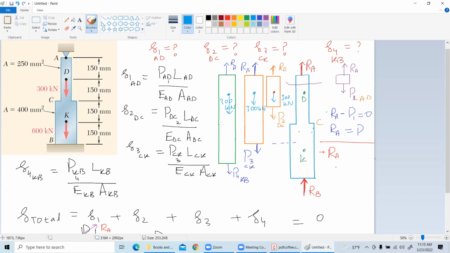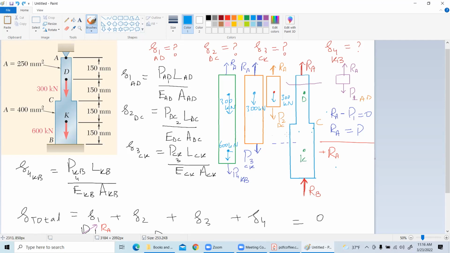Load at K is 600. Yes. Okay, thank you. So load at K, again, I am forgetting. It is 600. Boom. That was the only mistake I was making, and you can actually make a line if you want, so you are sure.